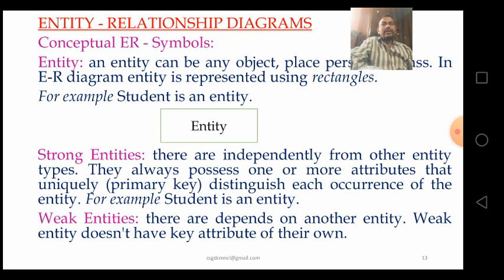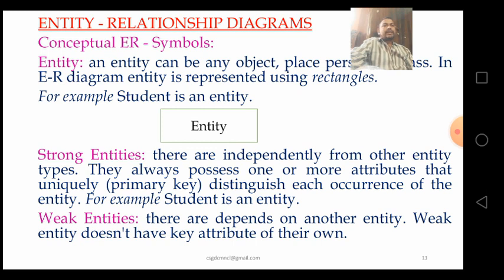Once again I repeat, entity means any object, place, person, event, concept. These are the entities. Attributes. Attribute means properties of an entity. Entity type means a set of entities that have the same attributes is called an entity type.